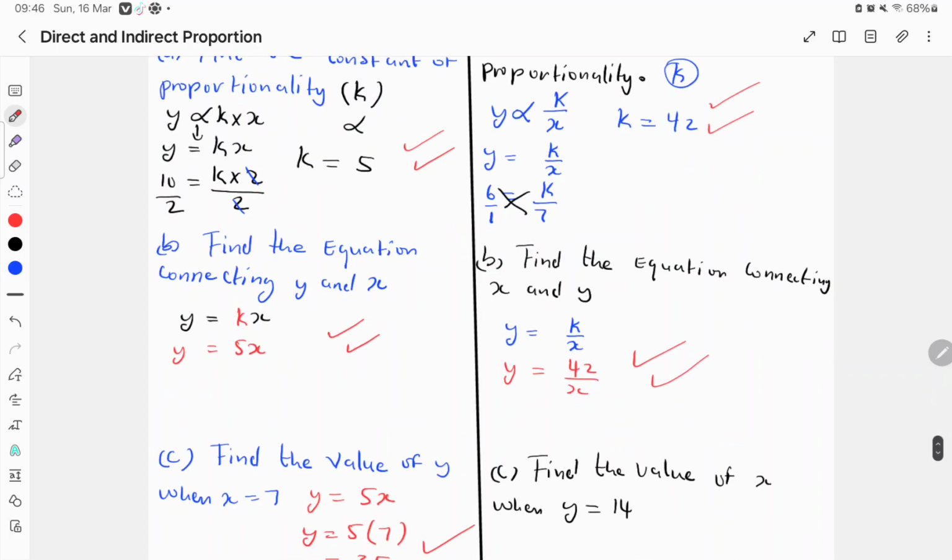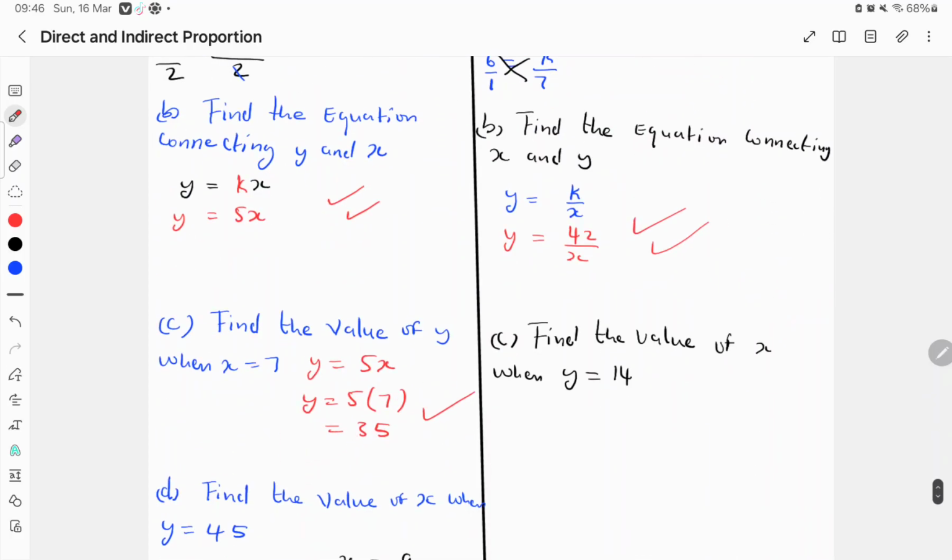Okay, and then finally, find the value of x when y is 14. Now you start off by writing your equation: y is equal to 42 over x. Then the question says find the value of x when y is 14, so you have 14 is equal to 42 over x. Now with one fraction on the right hand side, make a fraction on the other side, then simply cross multiply.